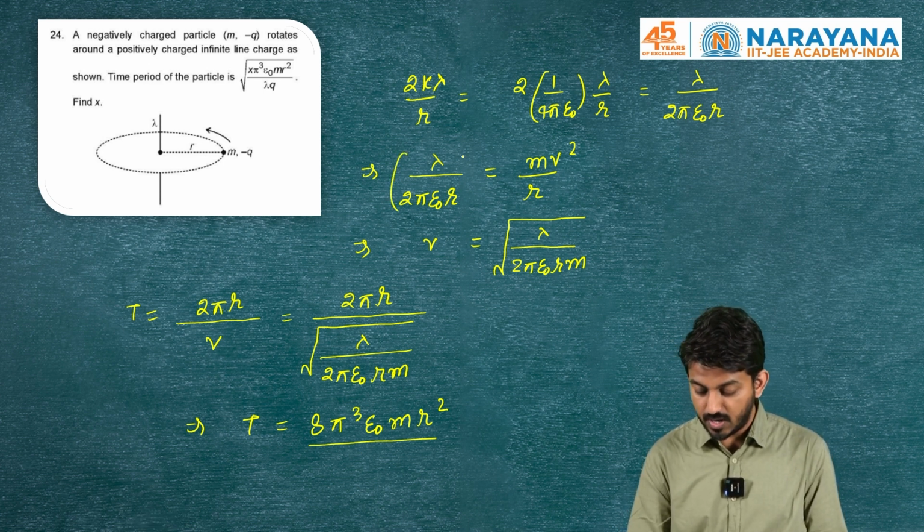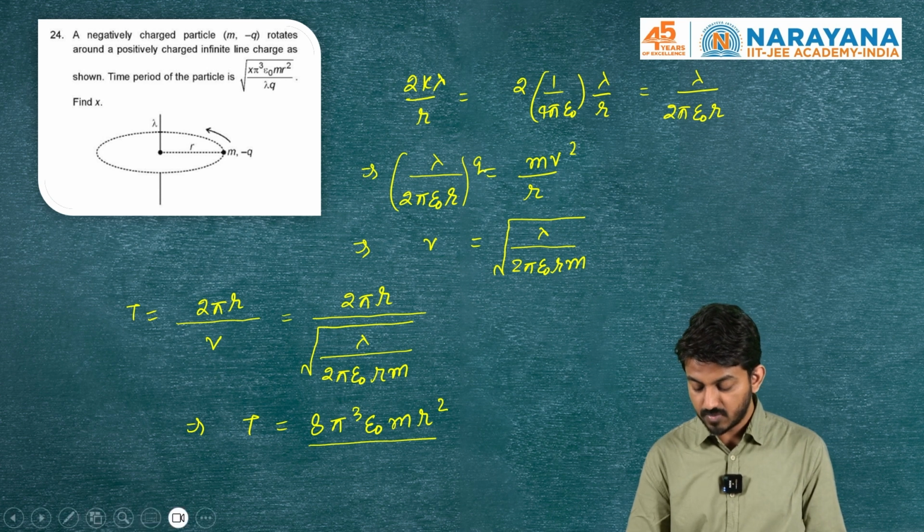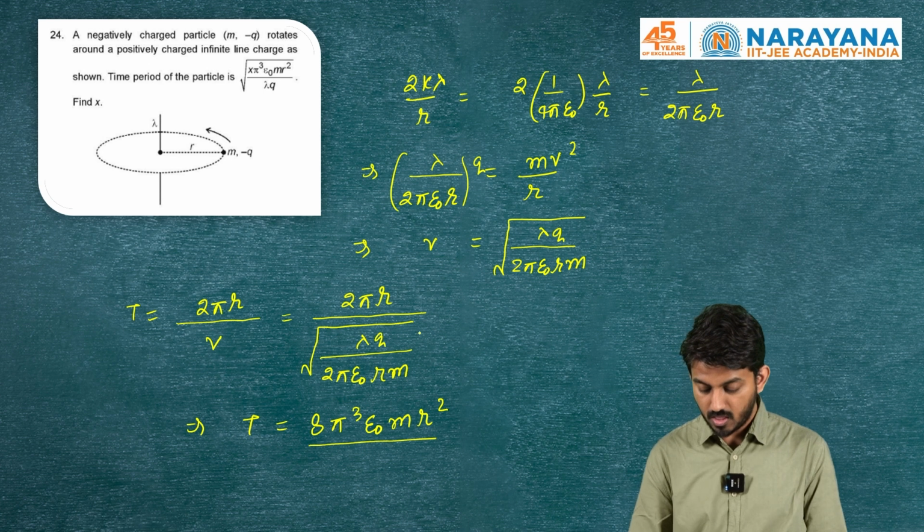This is the field only. I have to multiply with charge also. So lambda q will get. So lambda q.